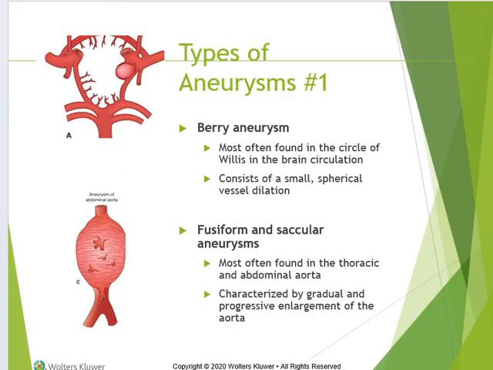So you have that big aortic arch that comes off the left ventricle and it travels down through the thoracic aorta and down into the abdominal aorta. And that's where we see the majority of these aneurysm formations. They really are characterized by a gradual and progressive enlargement of the aorta. So it just starts to dilate, grow, and stretch that vessel itself.